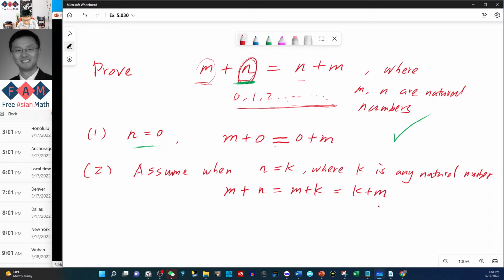So this is an assumption. The commutative law works for when n equals k.